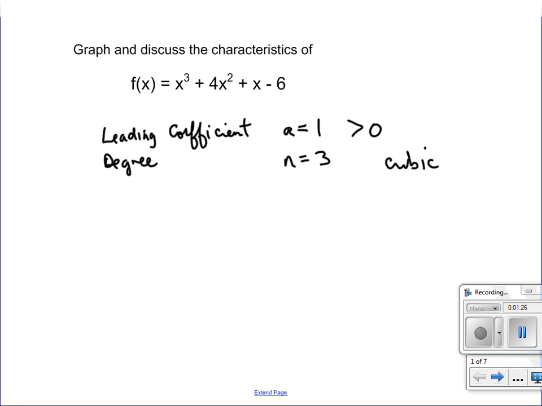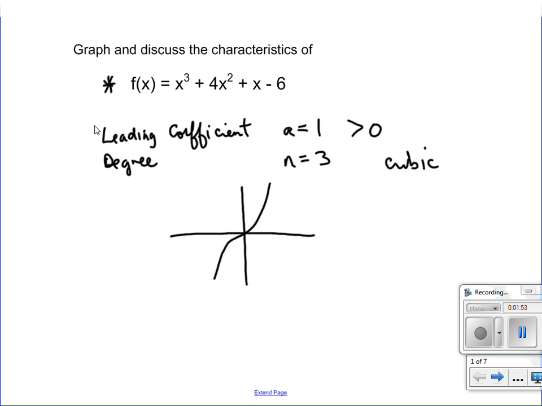And it's going to follow the basic path of a cubic. Now, from earlier, the basic path of a cubic looks like this. So that's going to be the basic look and feel of our graph. Now, our original function, f of x, given in the question, also gives us a few more clues.